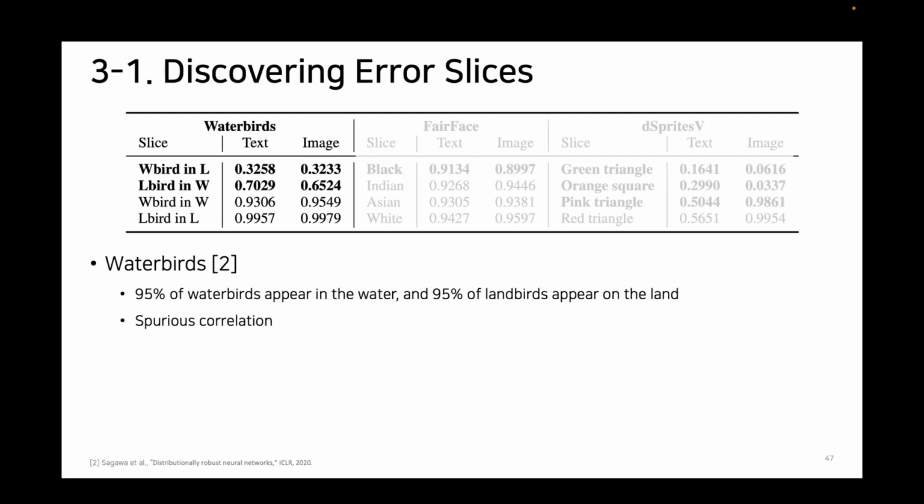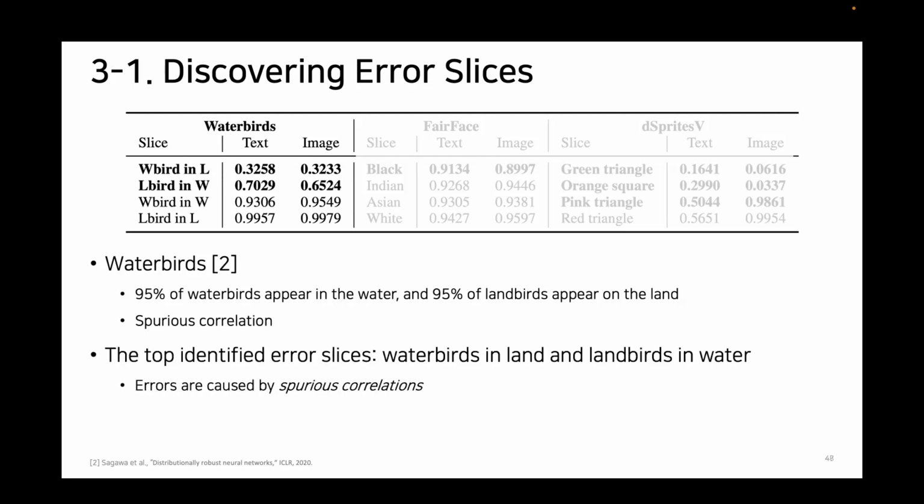And 95% of the land birds appear on land, and 5% of land birds appear on the water. So this dataset is widely used for the spurious correlation problem.